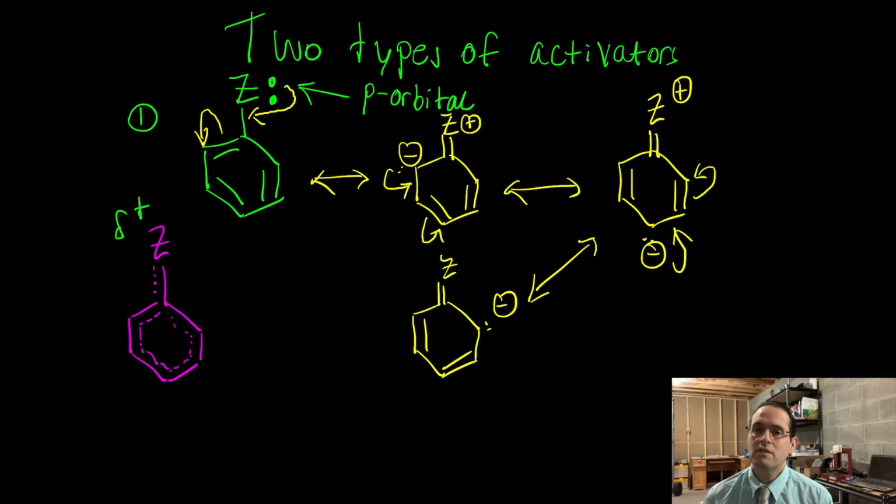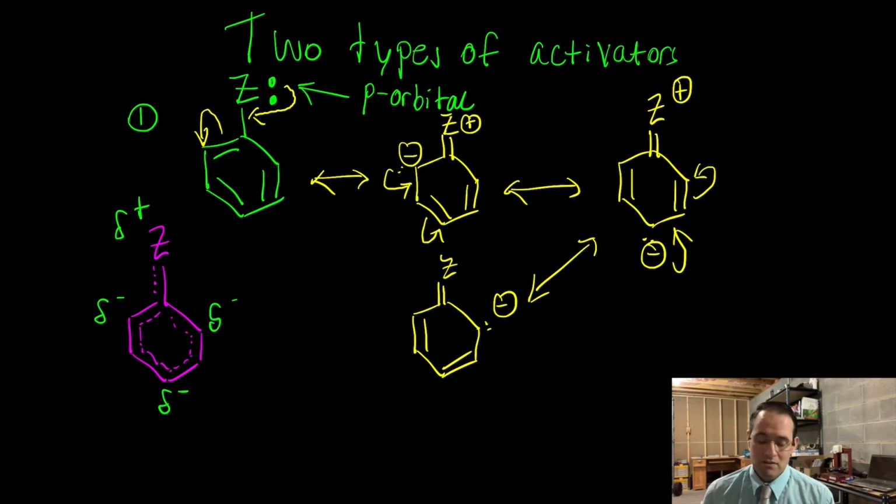It's positive in 3 of these 4 resonance structures, so we write delta plus on the Z. And then there's a partial negative on this orthocarbon, a partial negative on this orthocarbon, and a partial negative on this paracarbon. So the molecule as a whole is neutral, but because of the effect of that electron donating group, it enriches the negative charge character at the 2 orthocarbons and the paracarbon. As a result, electron donating groups are ortho-para-directors. The nucleophilic atoms, in a sense, are going to be the 2 orthocarbons and the paracarbon.